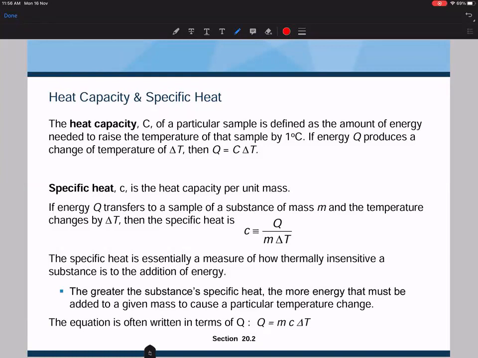And how much heat energy is required to raise the temperature of a substance by 1 degree Celsius? It is something that we refer to as the heat capacity.